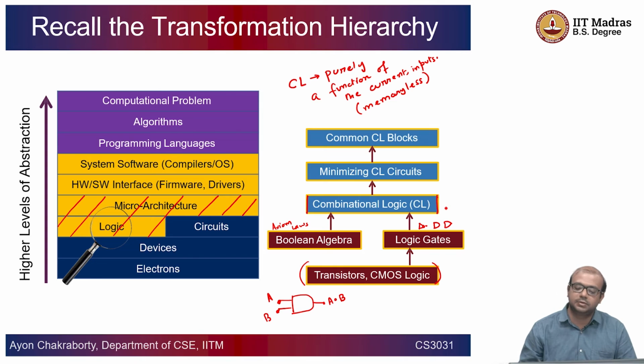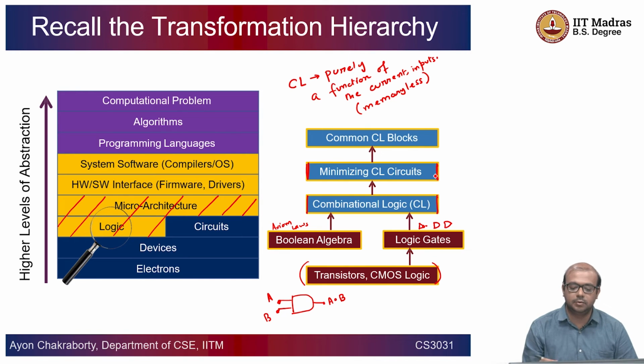So what we are going to study is that there are some formal ways of minimizing such combinational logic circuits or expressions. One way is to use the axioms that you have already studied. You can use them and make your life easier, right? So you can make simpler versions of this circuit. We will also teach you some formal methods.